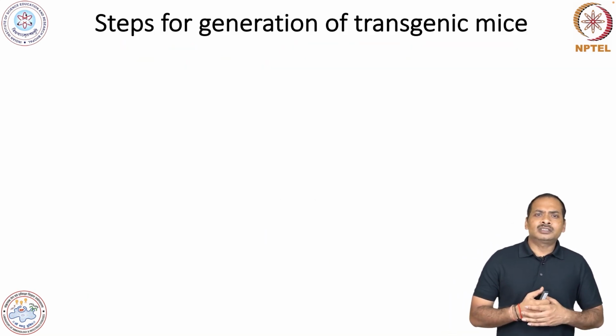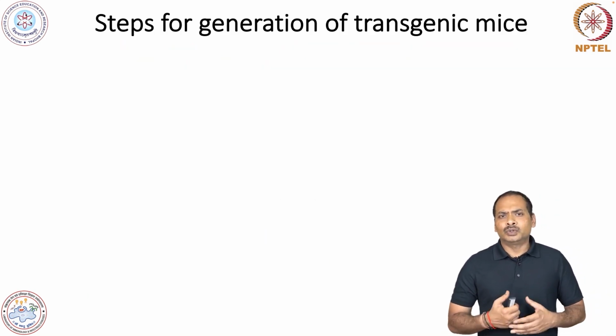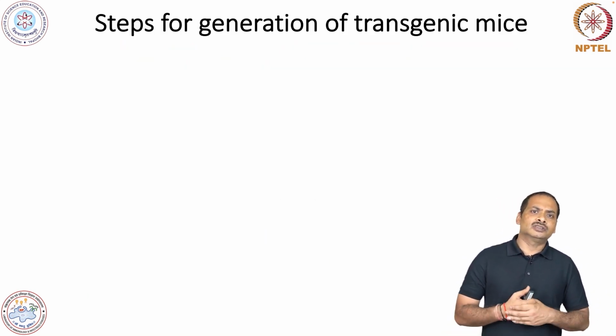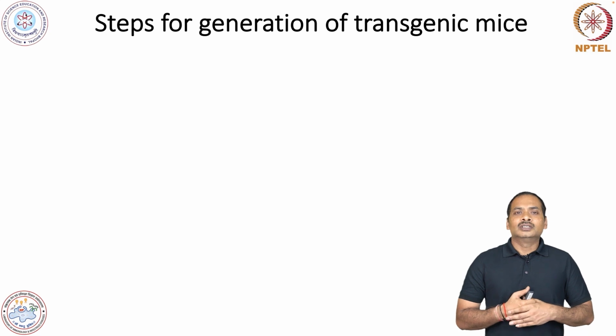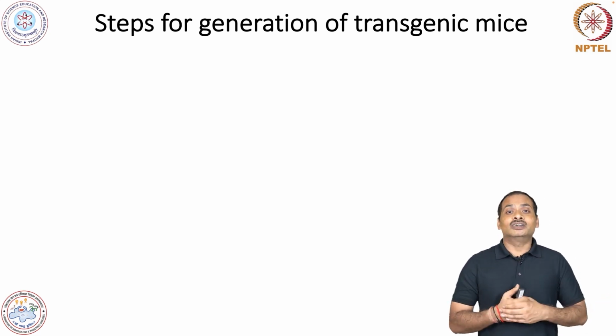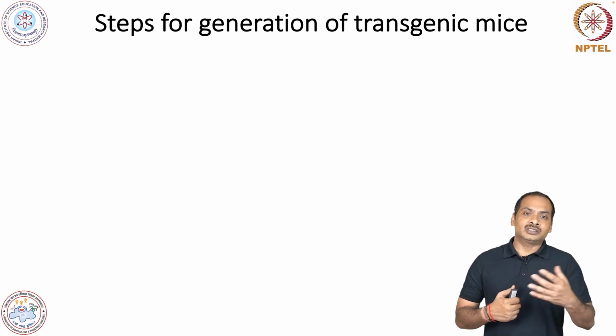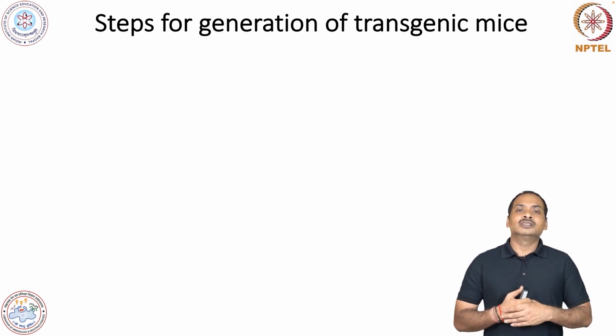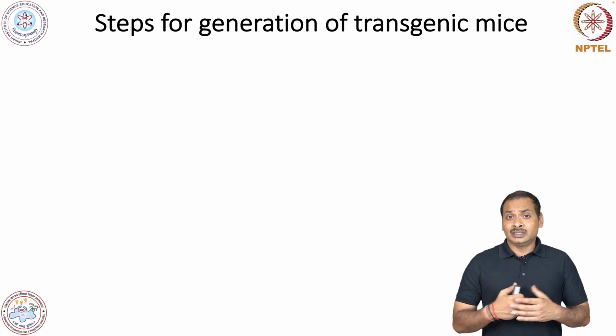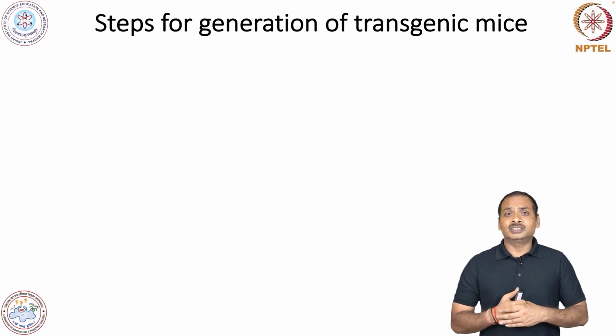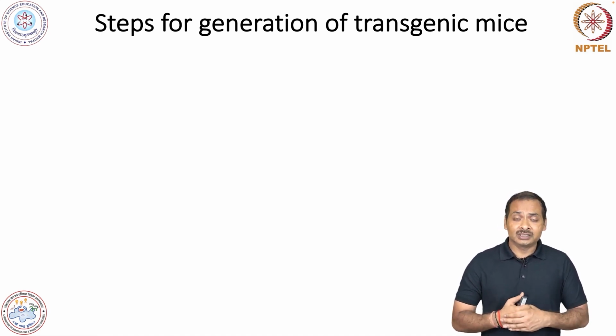There are some very important steps for generation of transgenic mice. In the previous session you learned that the embryonic stem cell, which is a pluripotent cell, is used for the generation of transgenic mice. But the question is, from where do you get these embryonic stem cells?